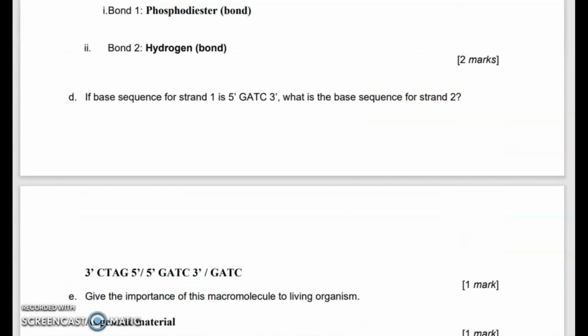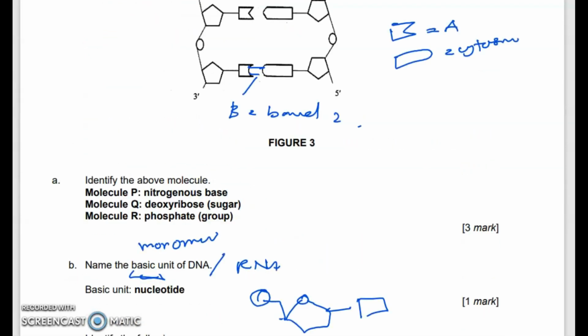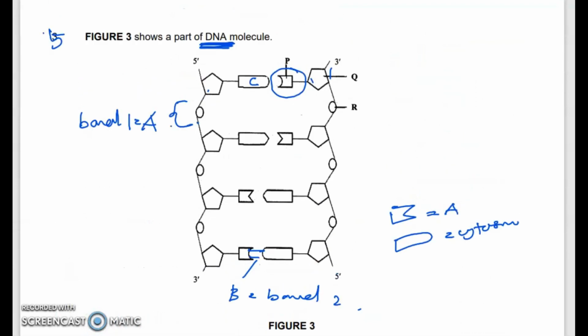Okay. So in base sequence, for strand 1 is GATC. What is the sequence for strand 2? So DNA is anti-parallel. If the strand 1 is 5' GATC 3', So the answer for here CTAG.